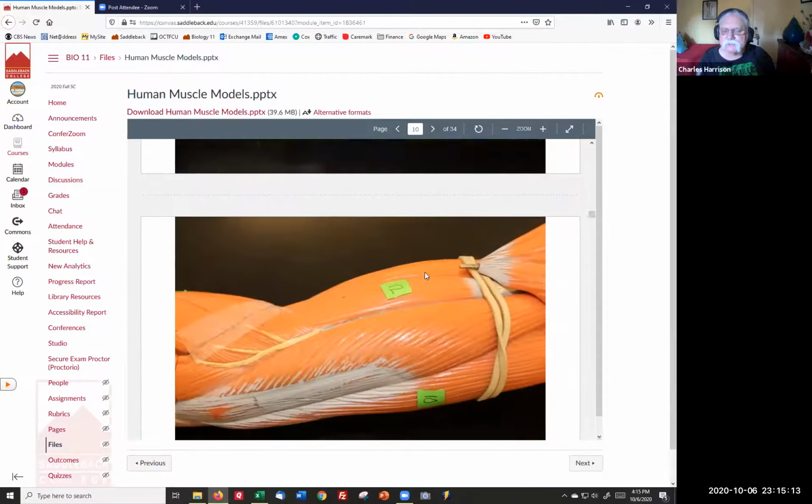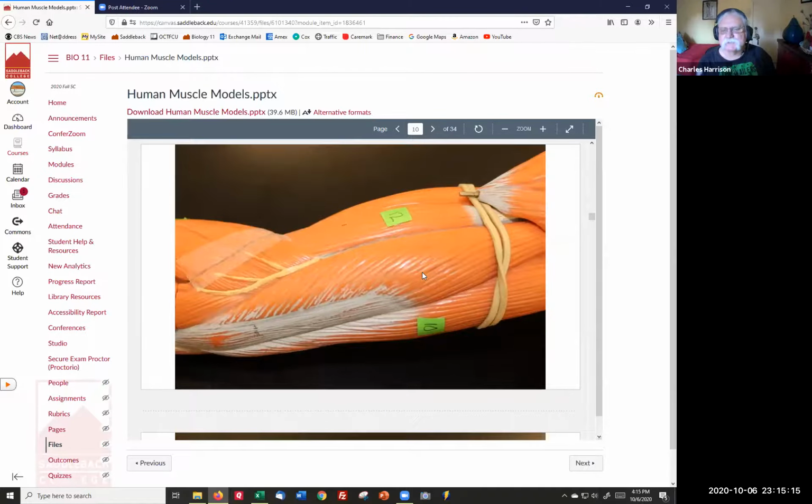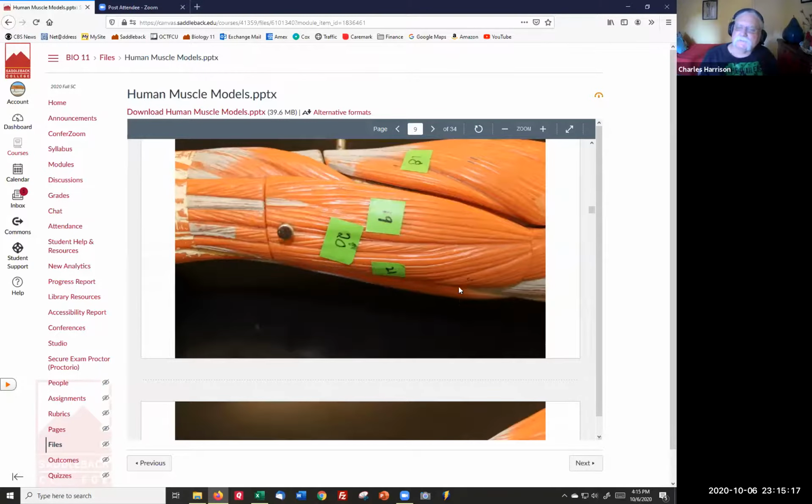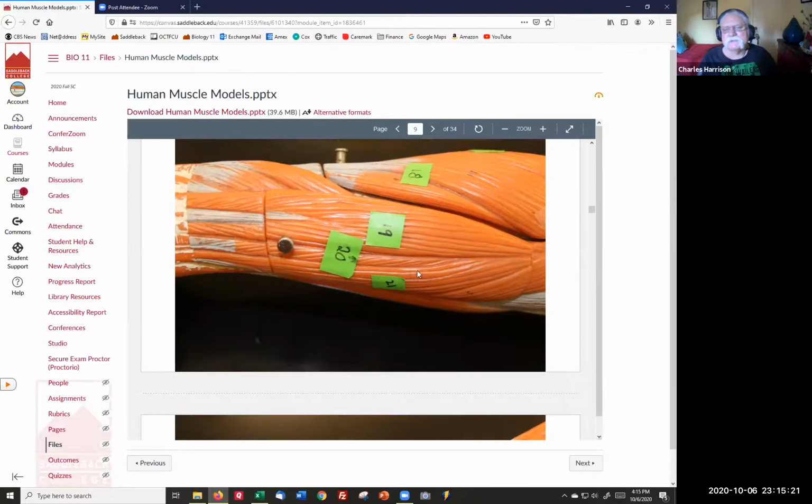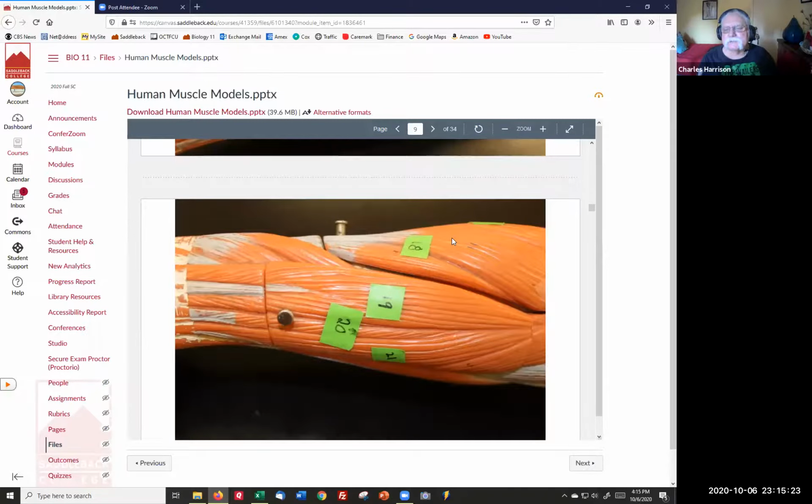So let's hope we got a better shot of it someplace coming up. It does show that it's got two heads. We saw two heads here. These are both carpi muscles. Extensor carpi radialis, extensor carpi ulnaris. All carpi muscles have two heads, two parts.